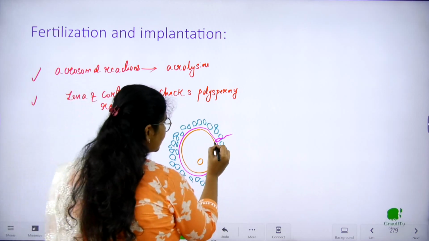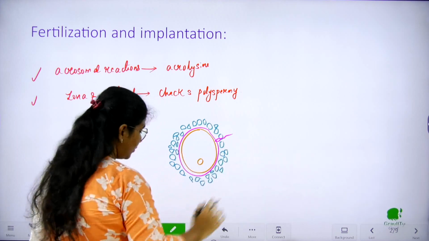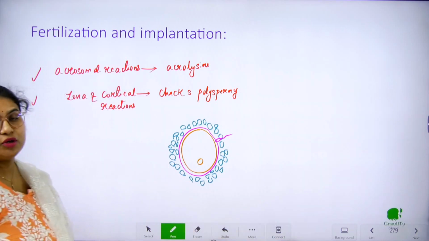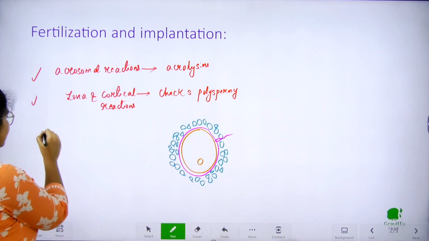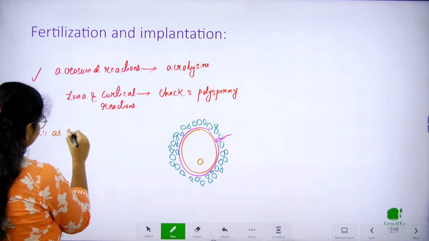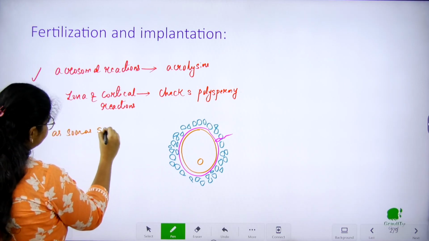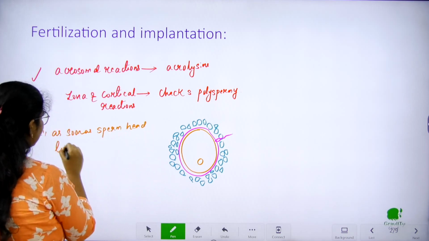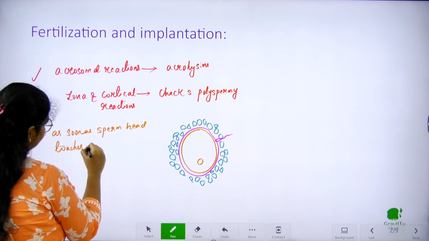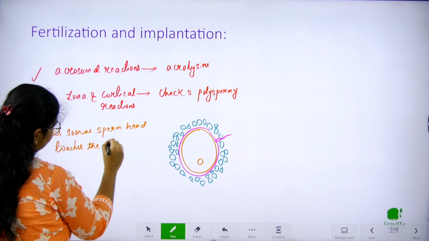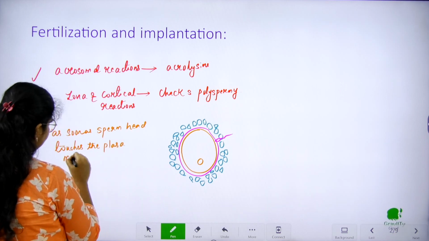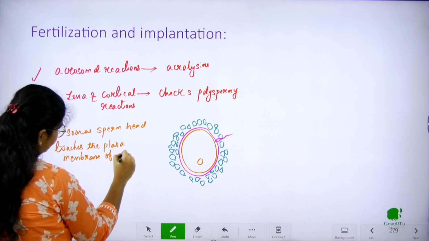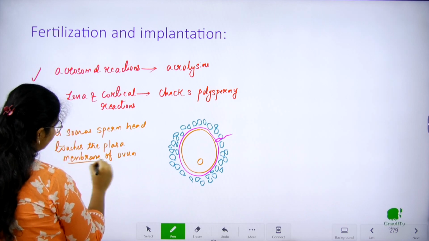Now, as soon as the sperm head touches the plasma membrane of the ovum, the plasma membrane of the ovum gets depolarized. The first point: as soon as the sperm head touches the plasma membrane of the ovum, the membrane is going to get depolarized.